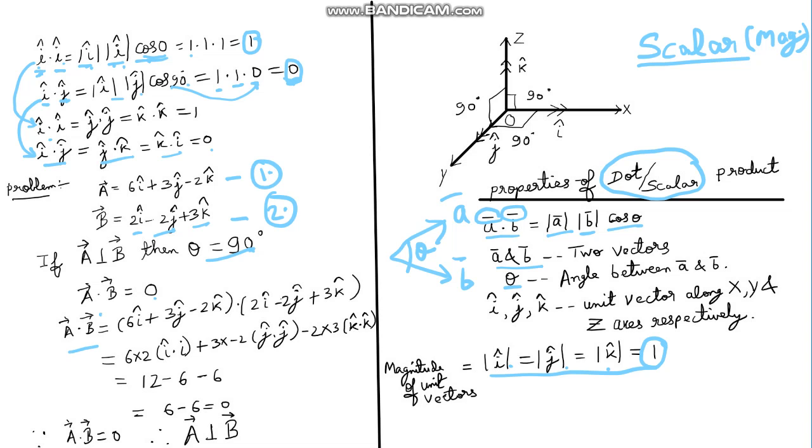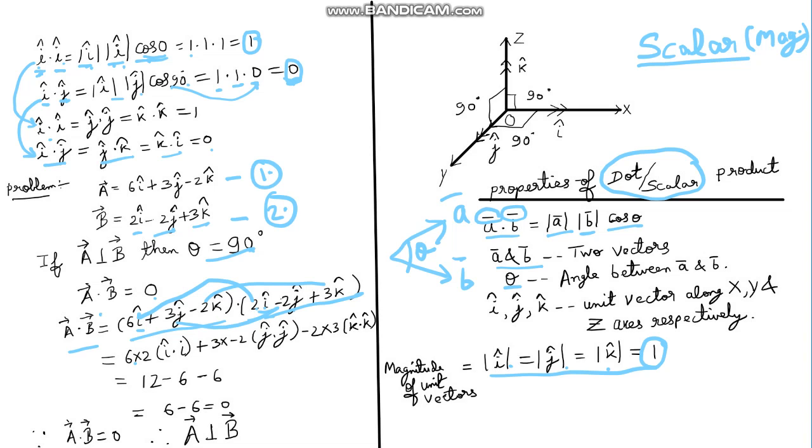Now when I take A dot B, I will take the product of the coefficient of i and i only, j and j only, k and k only. Because you see, i dot i is 1, i dot j is 0, i dot k is 0.